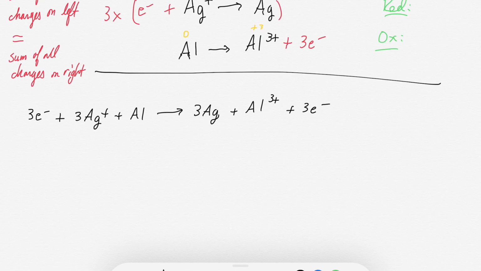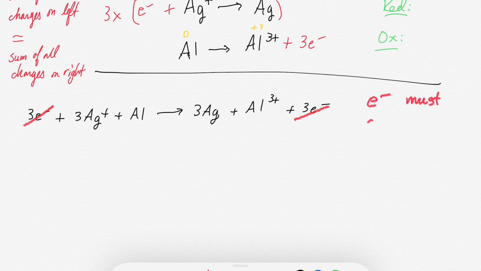Now what we get to do is scan this reaction. Anything that is the same on the left and the right, we get to cancel. And notice that we actually have that happening in this case. So you can see hopefully that we have 3 electrons, 3 electrons. Your electrons should always cancel, okay? I can't say that enough.